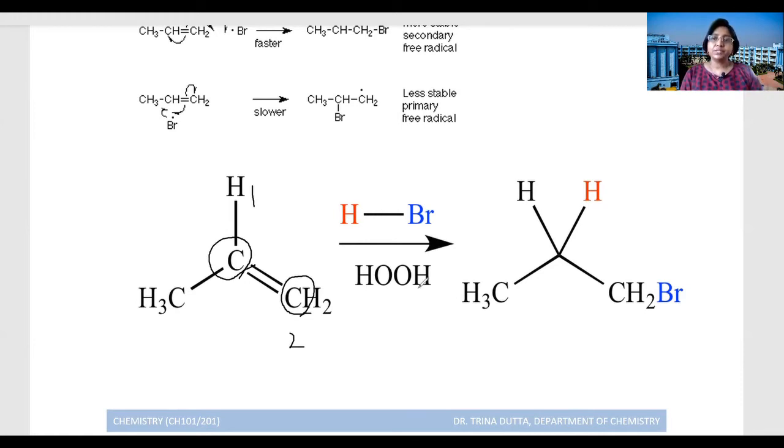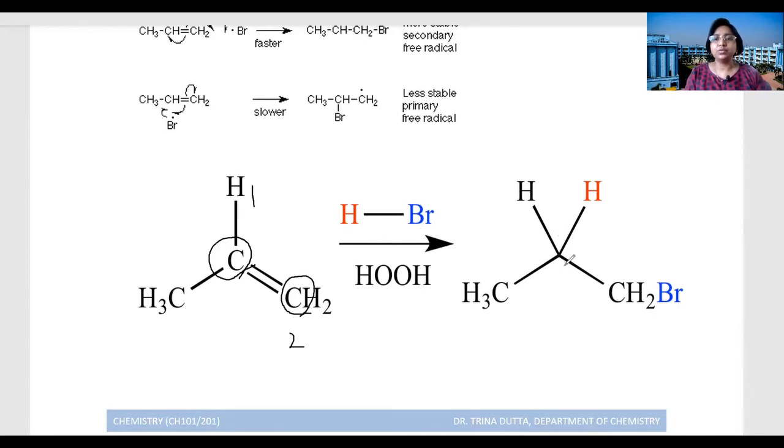In the presence of H2O2, it will follow the anti-Markovnikov rule. All this happens because of the stability of the carbocation. So it is like inductive effect, hyperconjugation, all these electronic effects come in, and the product will take the way that is more stable.